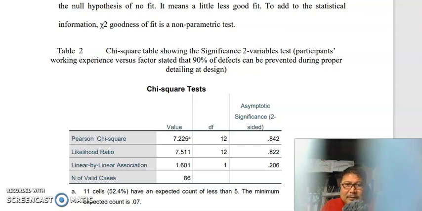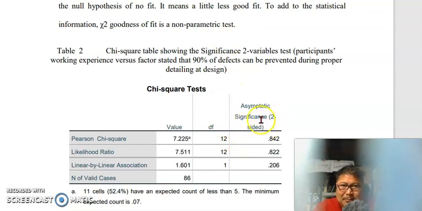Normally, when we have this previous cross-tab analysis, we ask how these two variables are related or valid.